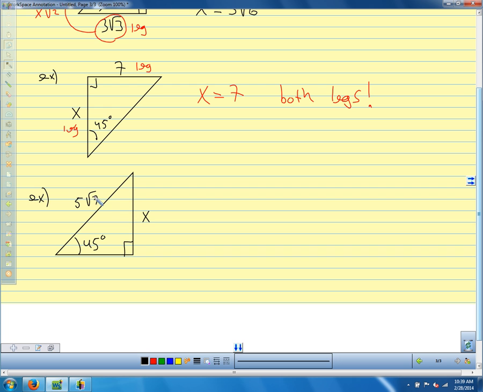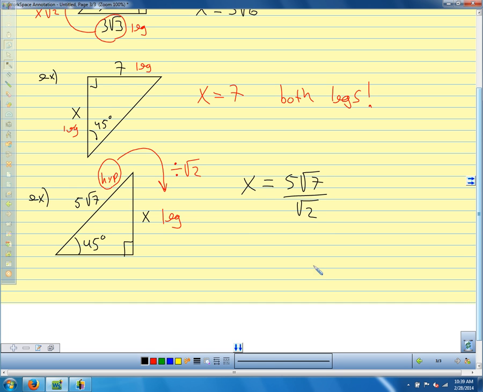So 5 square root 7, hypotenuse or leg? That's our hypotenuse, opposite the 90-degree angle. And this is going to be a leg. So to go from the hypotenuse to the leg, what do we do? Divide by the square root of 2. So x equals 5 square root 7 divided by the square root of 2.